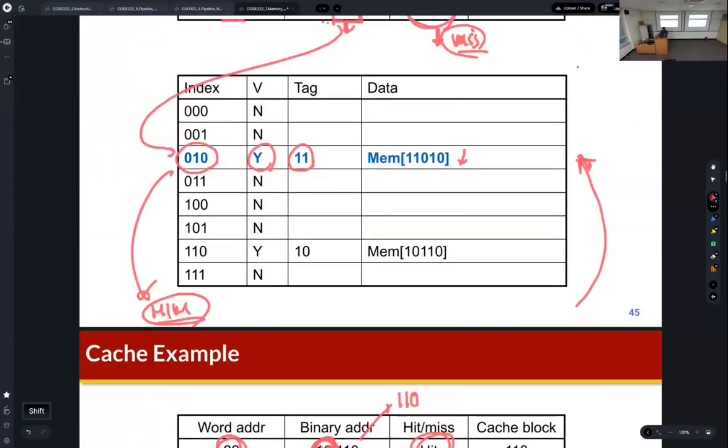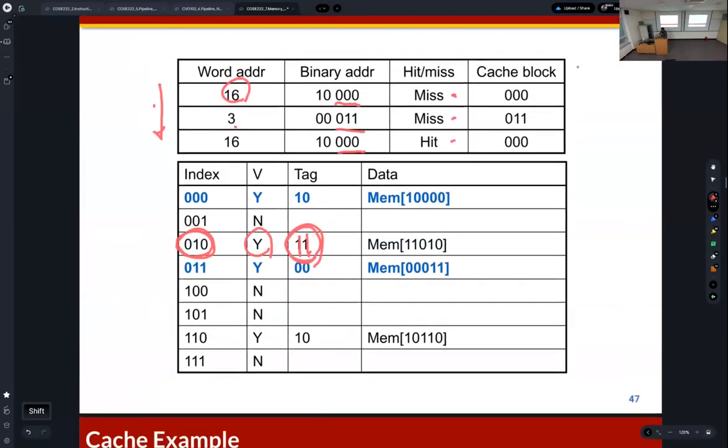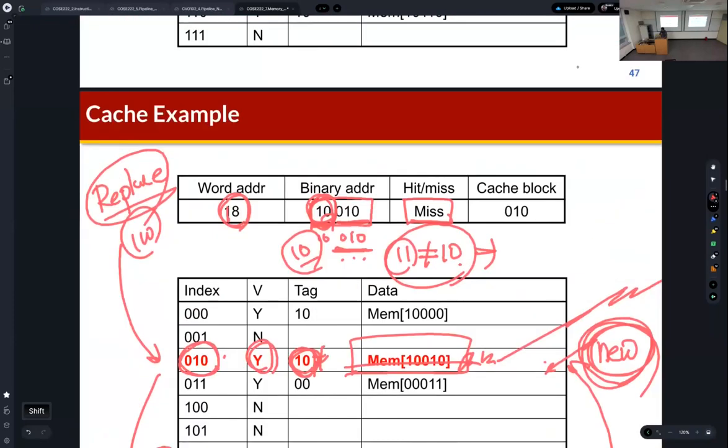Then, based on the result of the test, there can be two possible results, hit and miss. A hit means the data is found in the cache, and a miss means the request data is not found in the cache. Also, the data can be replaced.